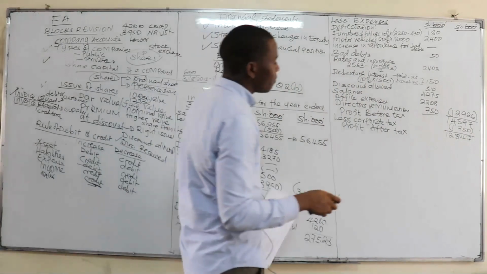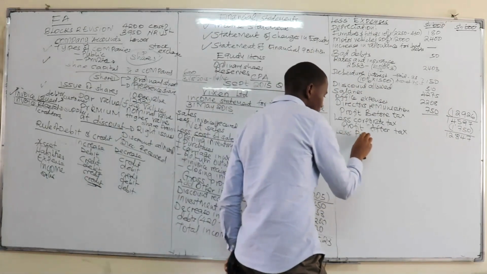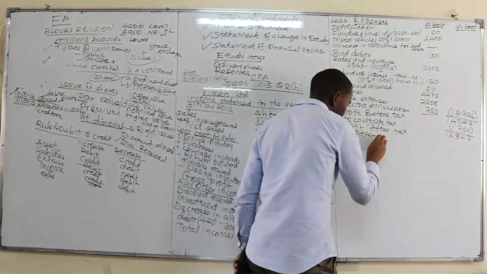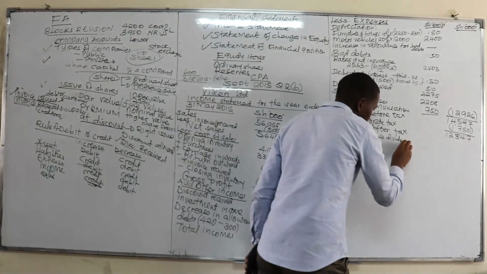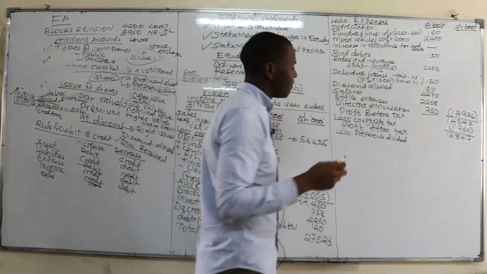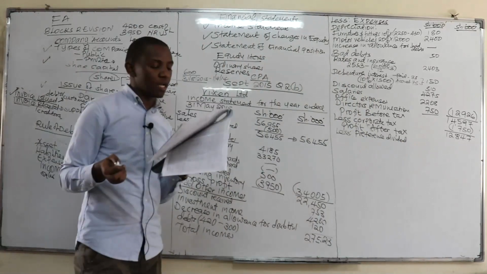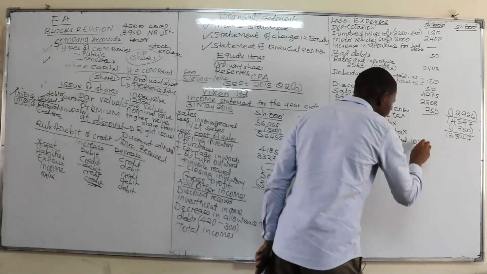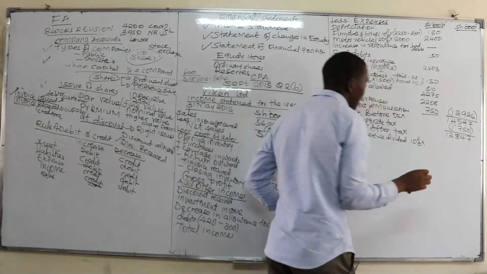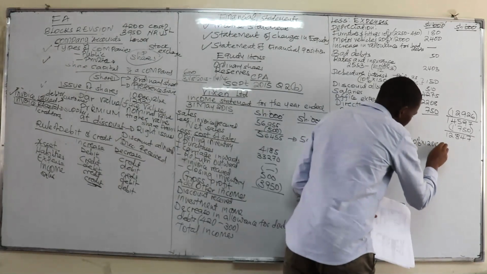The first dividend to be paid is the preference dividends. I want you to check on this case. Listen. For the preference dividend, we go to the preference shares. They are paying at a rate of 10%, and the preference share capital we've been given is 12,000.